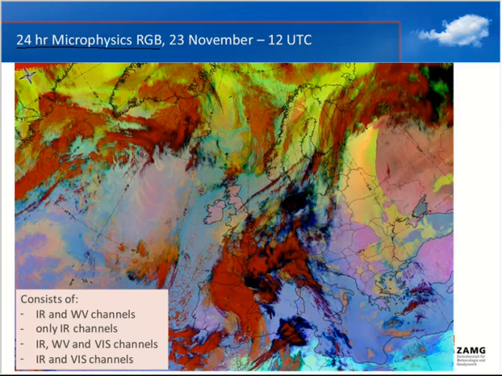And I now want to know of you which channels does this 24-hour microphysics RGB consist of? Infrared and water vapor channels, only infrared channels, all three of the available channels, that means infrared, water vapor, and visible, or only infrared and visible? What do you say? What is used for this 24-hour microphysics RGB?